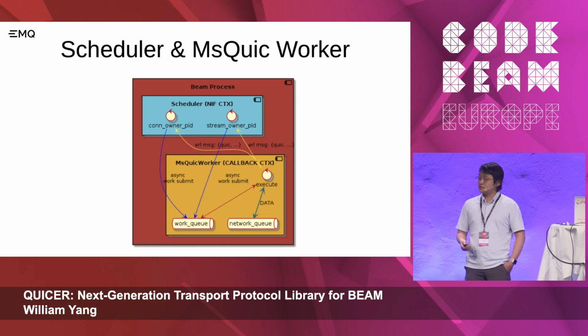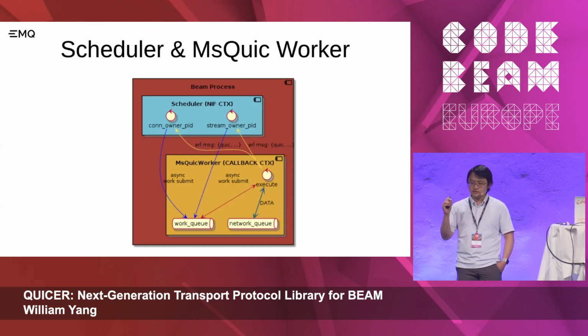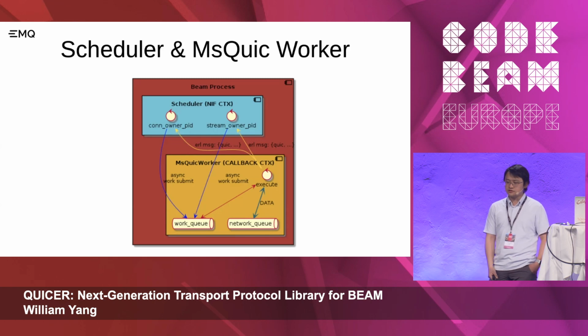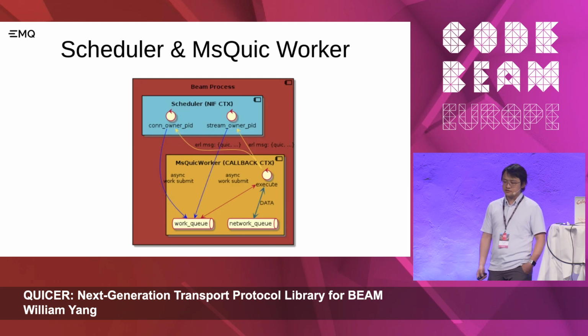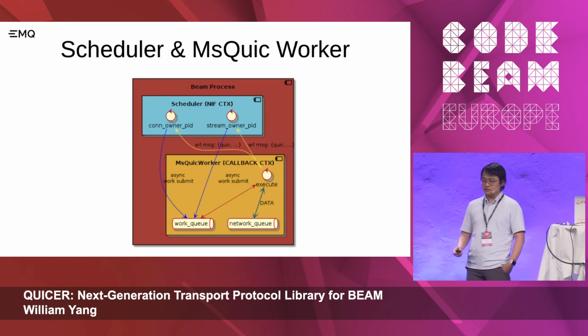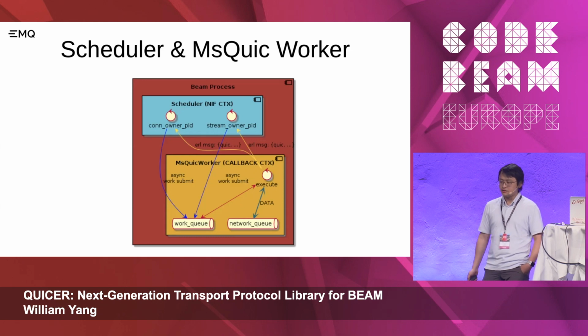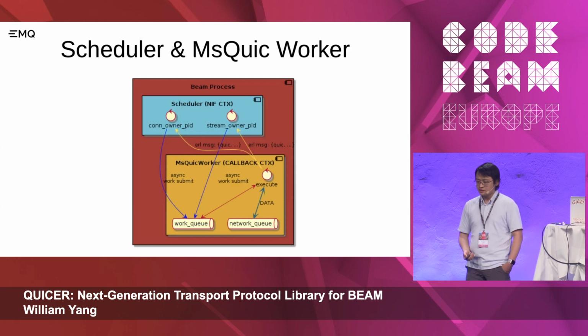In the Erlang scheduler, when you call those NIF functions, they just shoot asynchronous tasks into the work queue. So this call is very light and asynchronous. After the worker has done the work, it calls our callback, and our callback just sends a message back with the result to you.